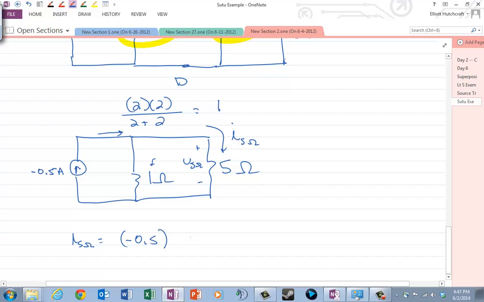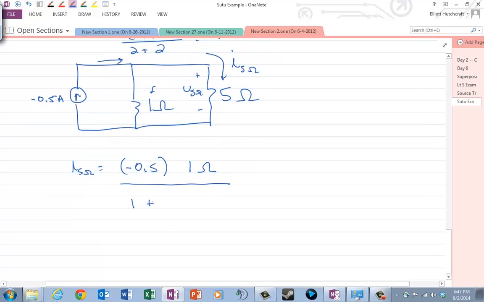So 1 ohm is the resistance in the branch I don't want to know, over the addition of the two, 1 plus 5. So that's equal to 0.5 divided by 6.